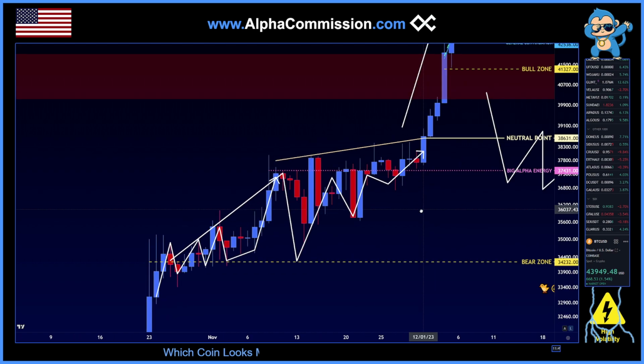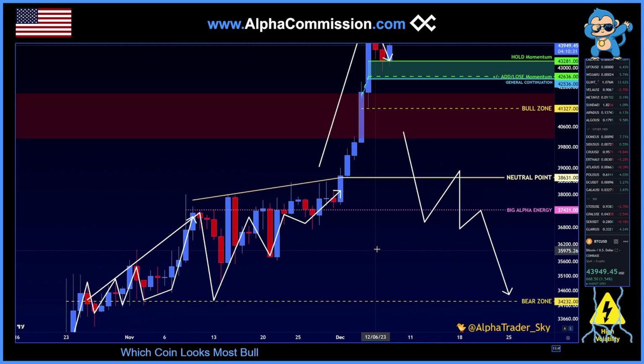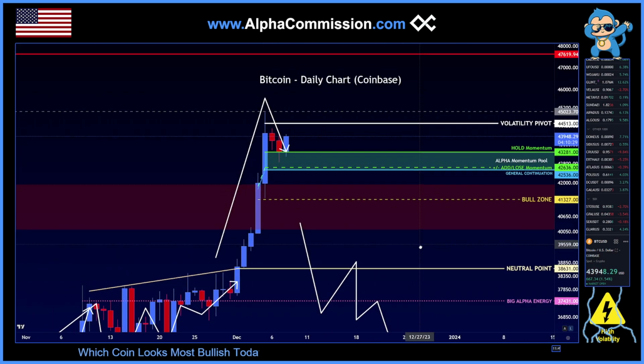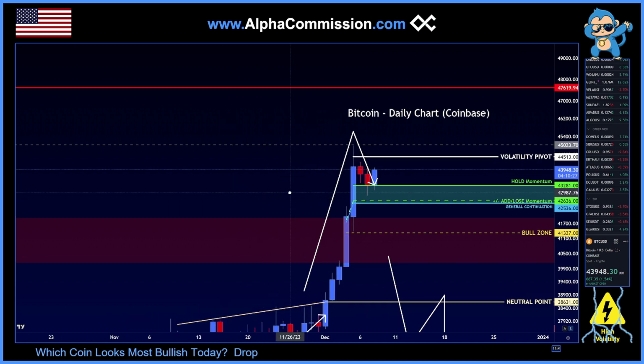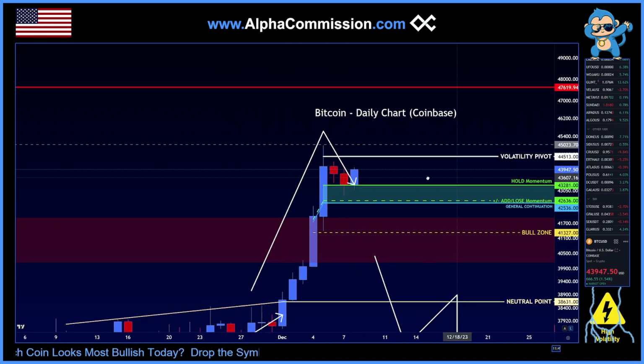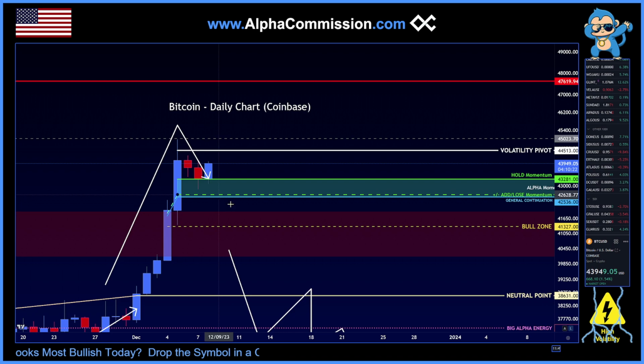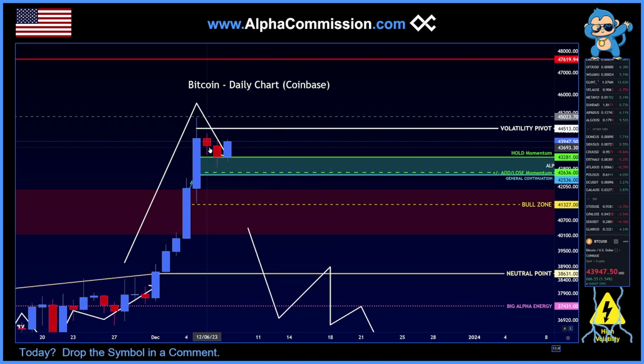So guys, I hope that gives you a good overview of what these levels mean and how they are important for one another in terms of where price might be oscillating around, how it gets confirmed, and if it loses a key level on a closing basis, where you might expect it to move next.